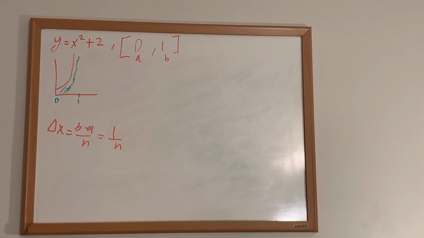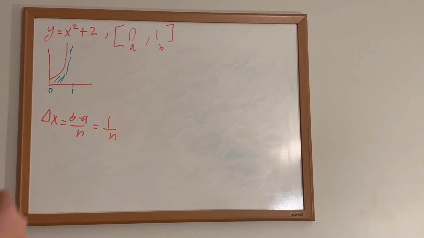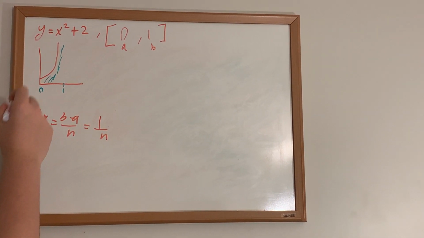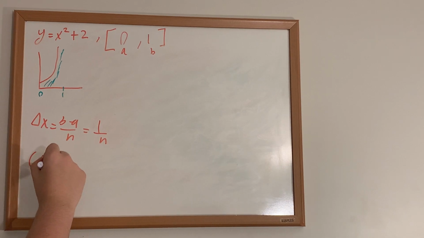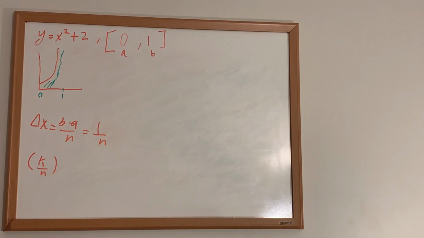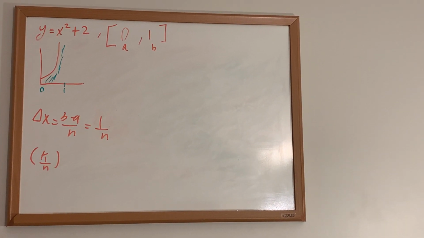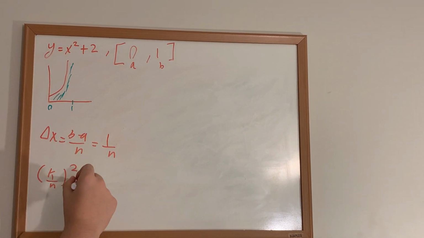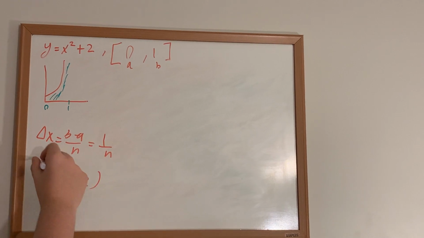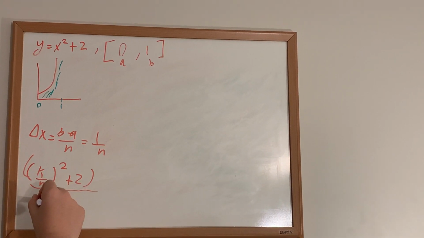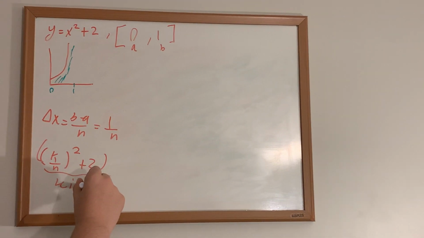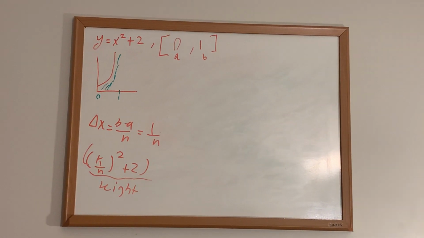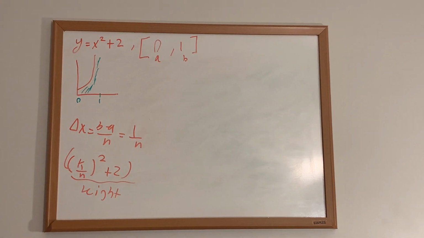Now for finding the height, the formula is just parentheses 1 over n, which is the width, times k. So we have k over n, and then because the degree of this function is 2, we have to raise it to the second power and add 2 to it. So this is the height of this subinterval. Now for finding the area, we should multiply these together.